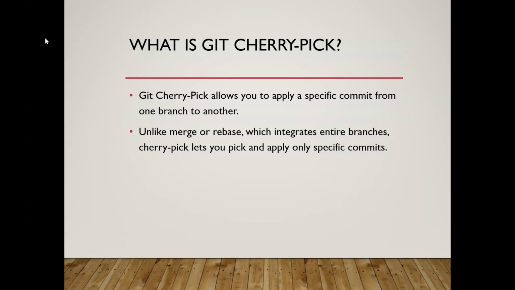Unlike merge or rebase, which integrates entire branches, cherry-pick lets you pick and apply only specific commits. Using the commit ID, you can pick one particular commit and cherry-pick it to the target branch.